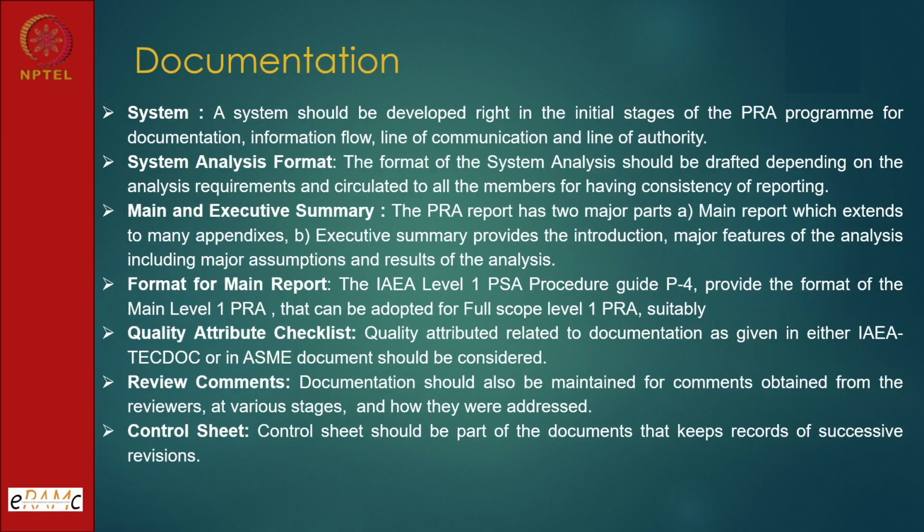And of course, in PRA, documentation is important. You can just go through it: system level, system analysis format, main executive summary, they are the major elements of documentation. Format for the main report, quality attributes and checklist should be there. Then only these reports will qualify for regulatory review. Okay. So this is one thing.